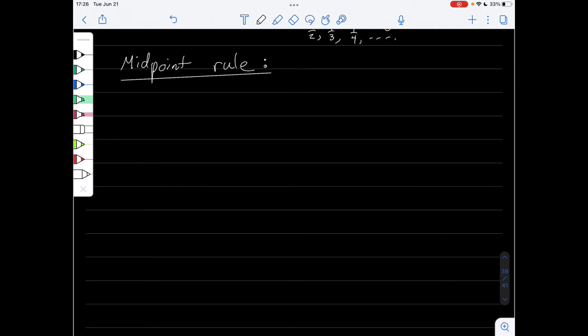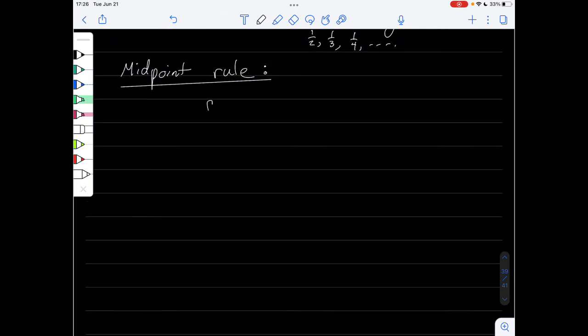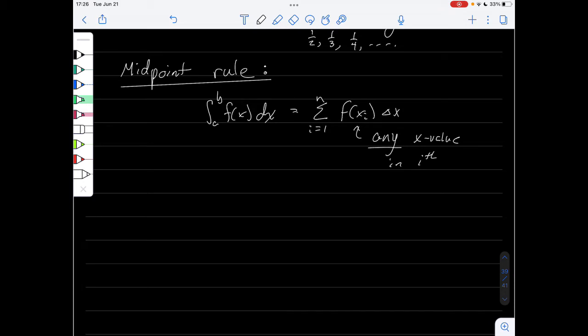So as we know, the integral from a to b of f of x is equal to this sum of f of x sub i delta x, where this is any x value in the ith interval. Okay, so that means we can pick anything.